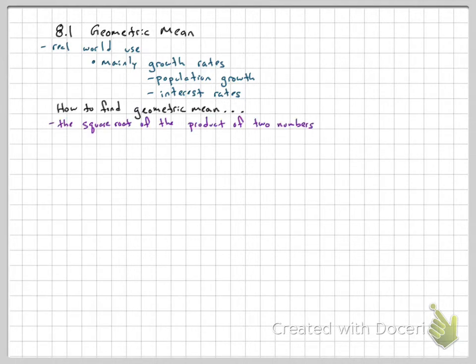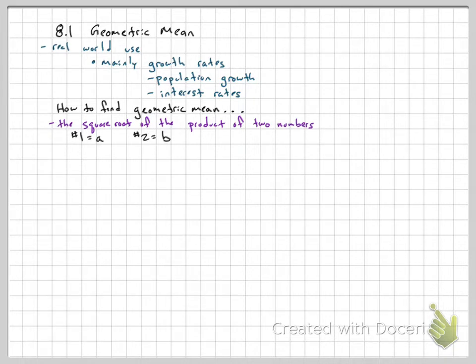And so we find geometric mean by taking the square root of the product of two numbers. So product is now multiplication. That's how it is different from an average or just your normal mean, because that is when you'd be adding, okay? So to find the geometric mean, it's the square root of the product of two numbers.